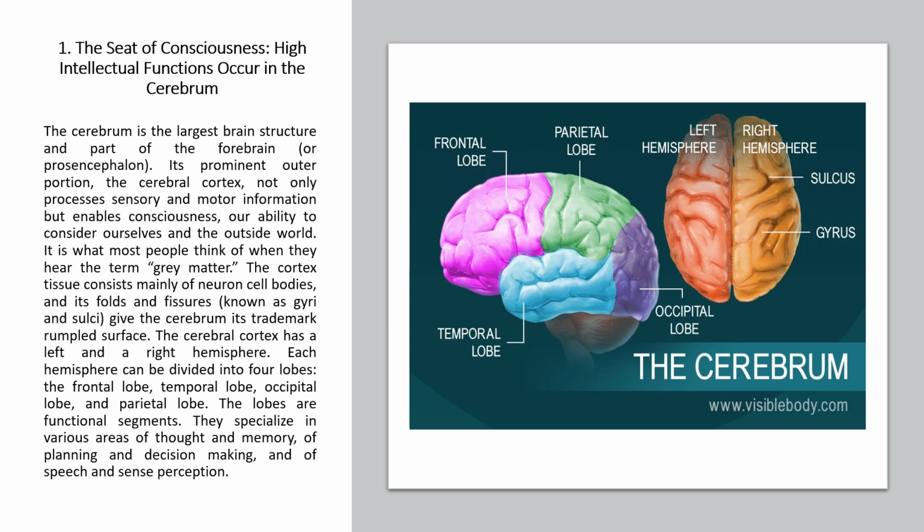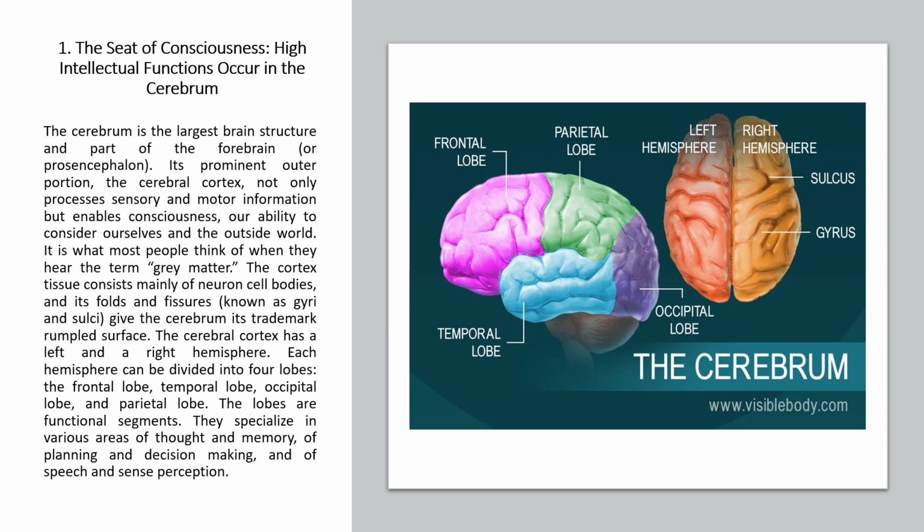It is what most people think of when they hear the term gray matter. The cortex tissue consists mainly of neuron cell bodies, and its folds and fissures, known as gyri and sulci, give the cerebrum its trademark rumpled surface.